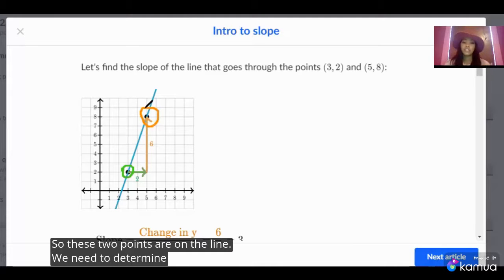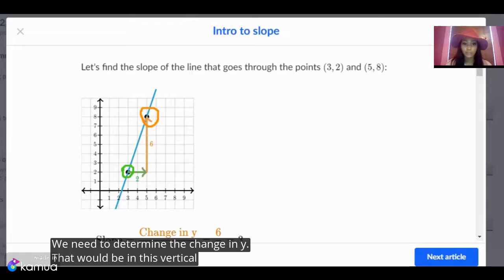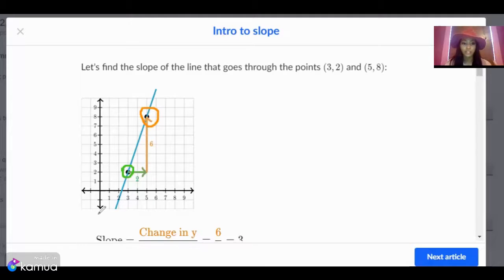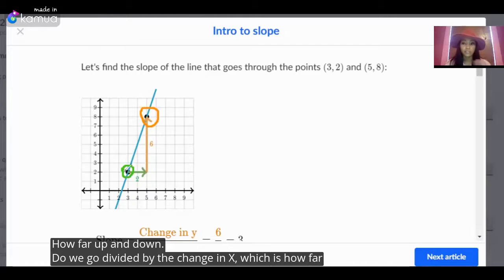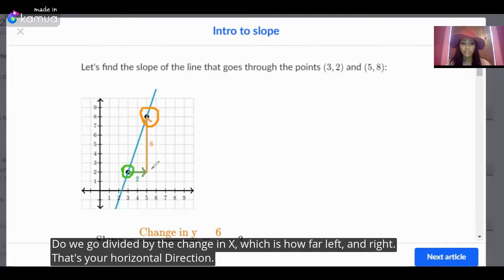We need to determine the change in y, that would be in this vertical direction. Change in y, up and down, how far up and down do we go, divided by the change in x, which is how far left and right, that's your horizontal direction.